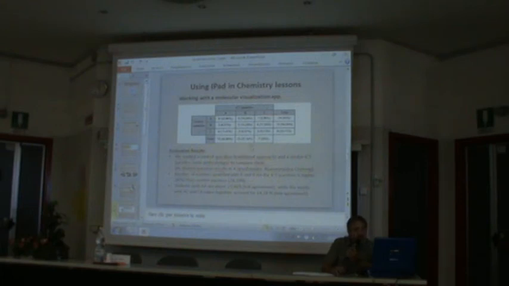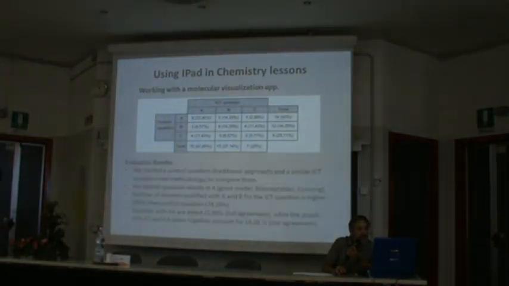You can see the results in this table. We marked a control question, traditional approach, and a similar ICT question to compare them. We divided question results in A, good, B, acceptable, and C, wrong. We can see the ICT question on the top, and the control question on the left.